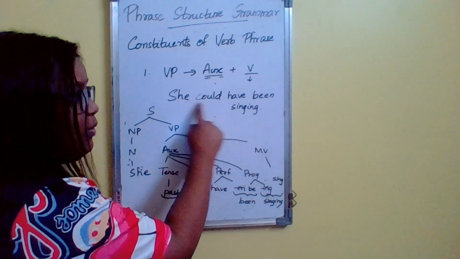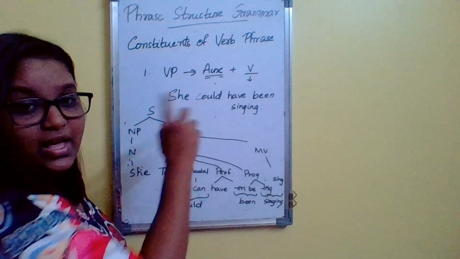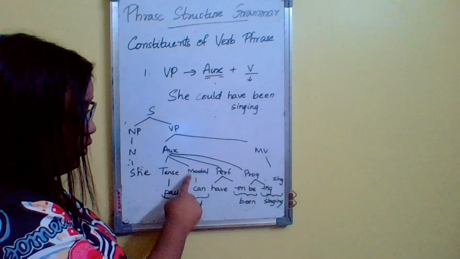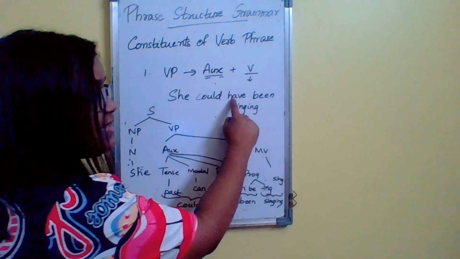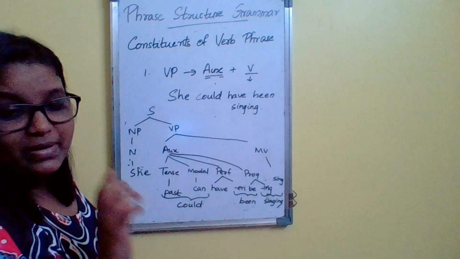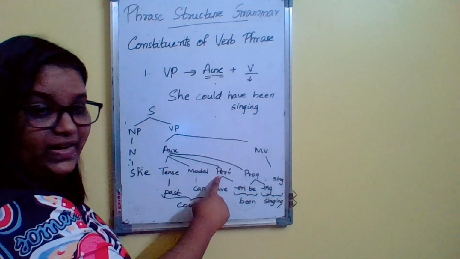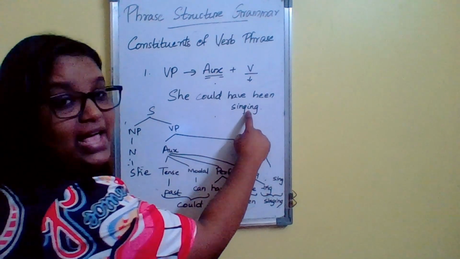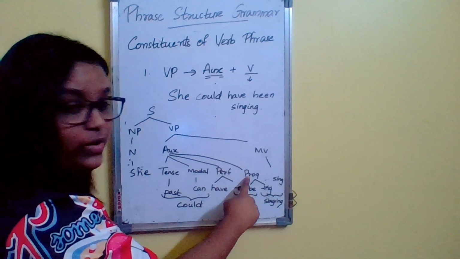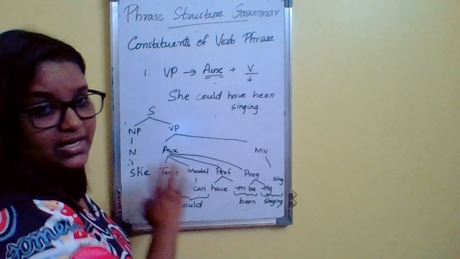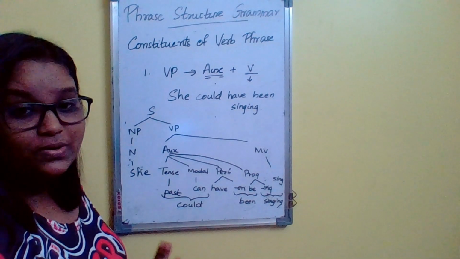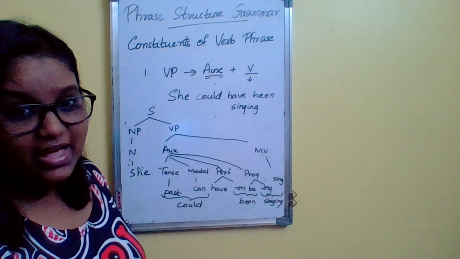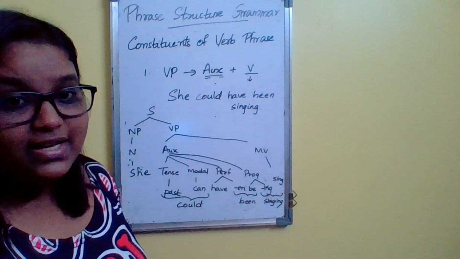And then there is a modal here, could. That means we have to account for that. Modal is can. Then there is a have been here. That means we have to account for perfective. Have and en. Then we have to account for this ing here. That means there is progressive. Be and ing. Now we apply morphophonemic rules and read all this together as she could have been singing.